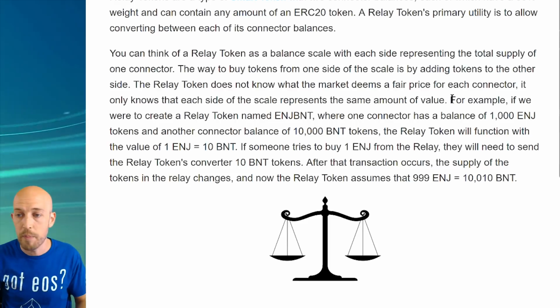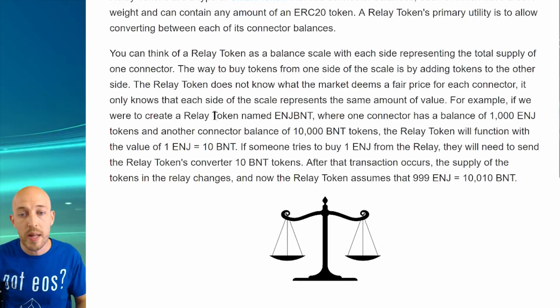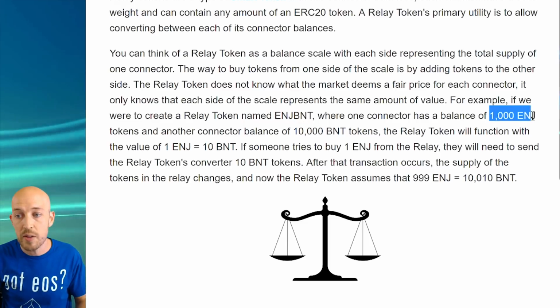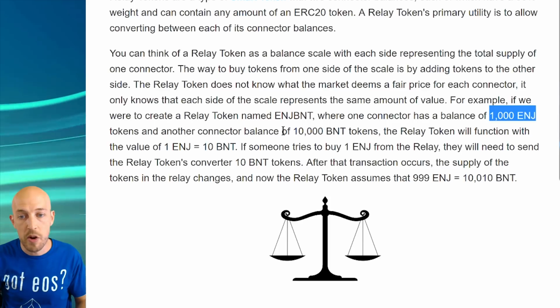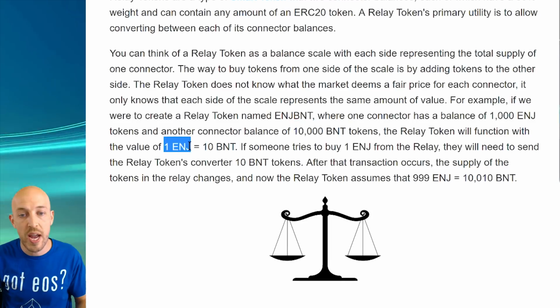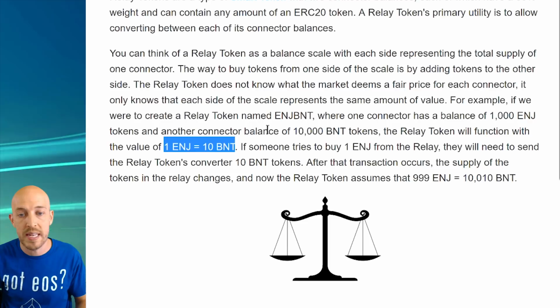So here's the example. If we were to create a relay token named ENJ-BNT, where one connector has a balance of 1,000 ENJ and another connector a balance of 10,000 BNT tokens, the relay token will function with a value of 1 ENJ to 10 BNT, because there were 10 times more BNT tokens.